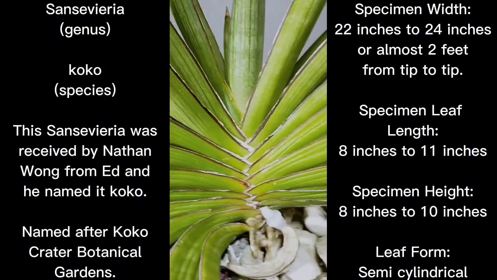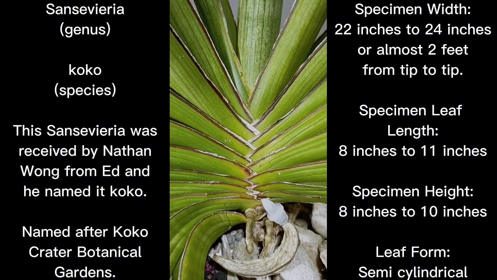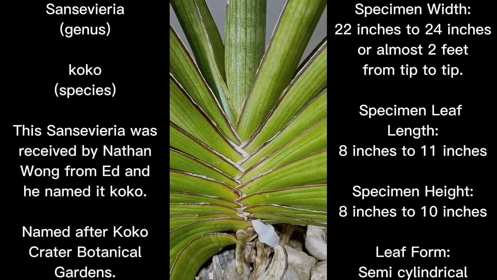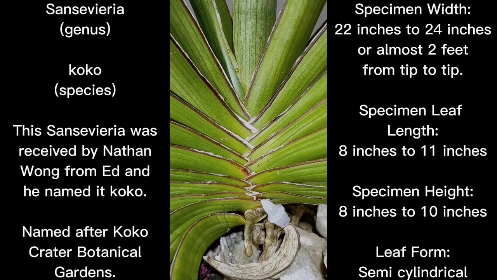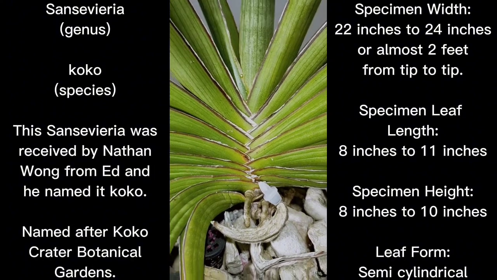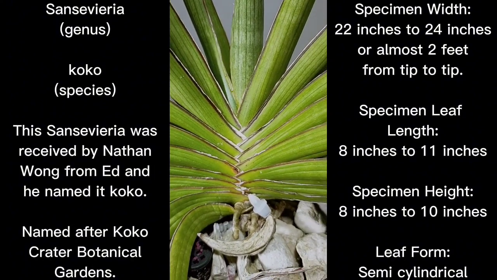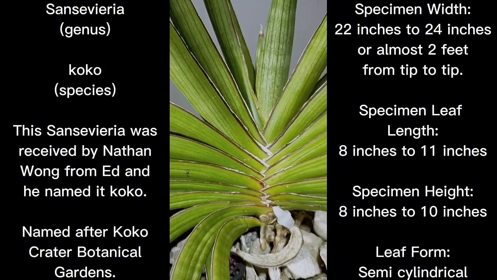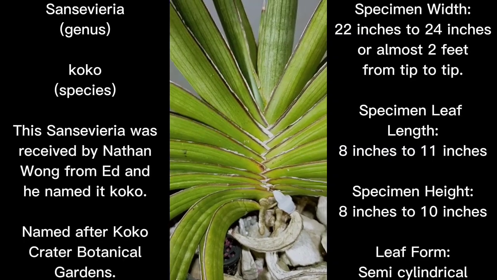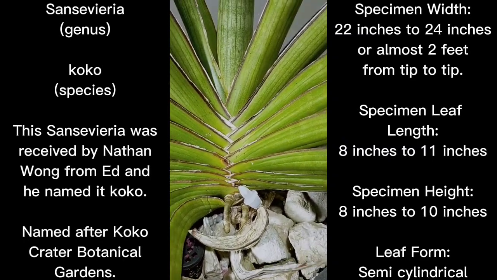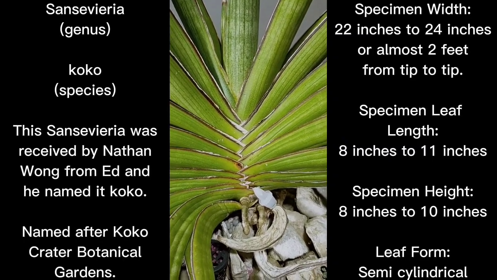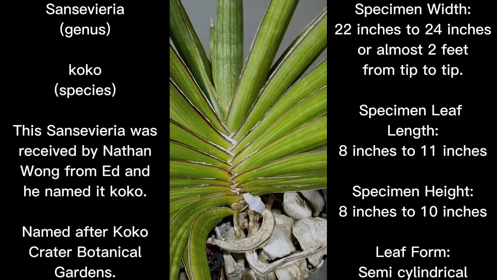If you are going to peel off the leaves, you would see that there is a stem on the inside, but you wouldn't see it because the Sansevieria is growing in compact form.